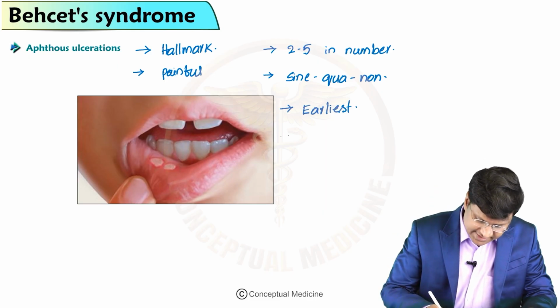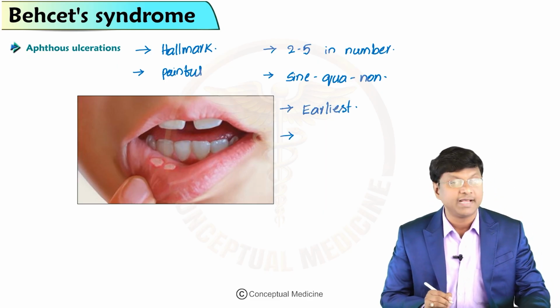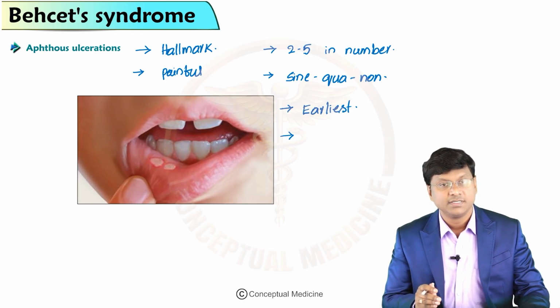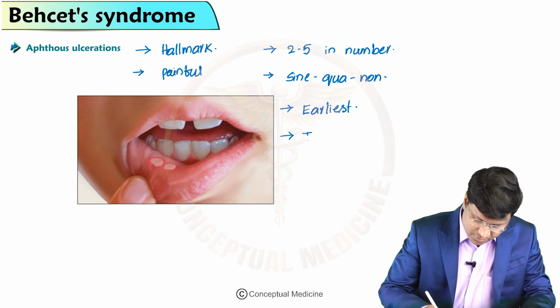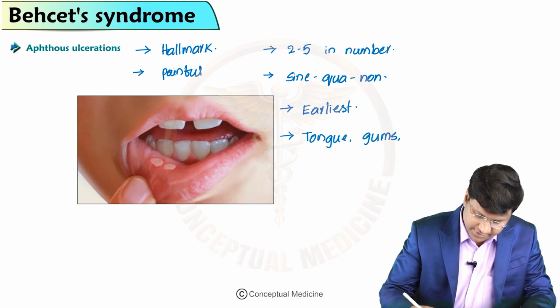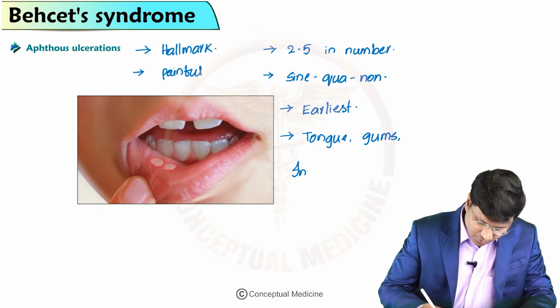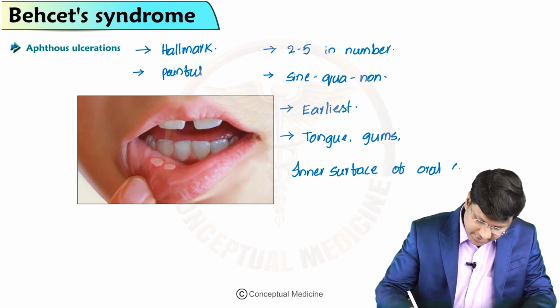Now, what are the sites within the oral cavity where you have these ulcers? These ulcers, which are multiple, may be found on the tongue, over the gums, as well as the inner surface of the oral cavity.